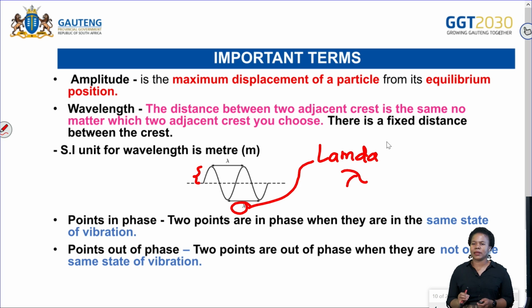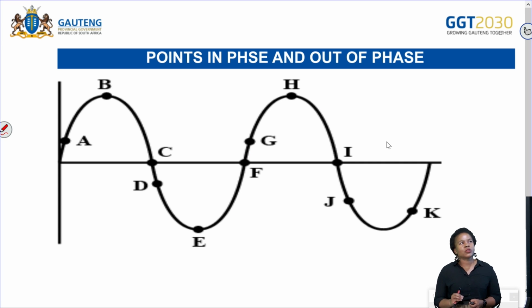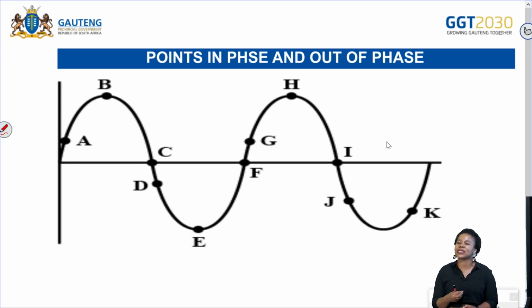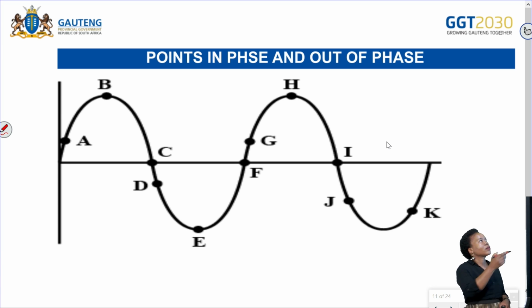Let me move a little bit. I want to show this nice diagram because now it has points on it, so that we are able to say, okay, point B is in phase with point H. So let's first identify the points that are in the same state of vibration. Okay, so point B in phase.